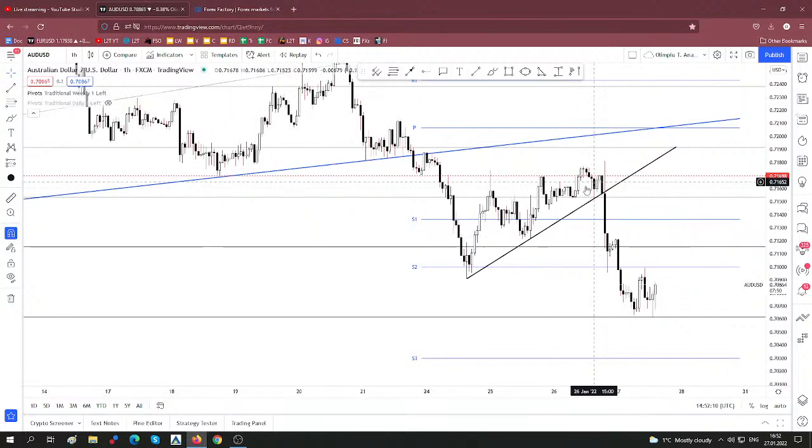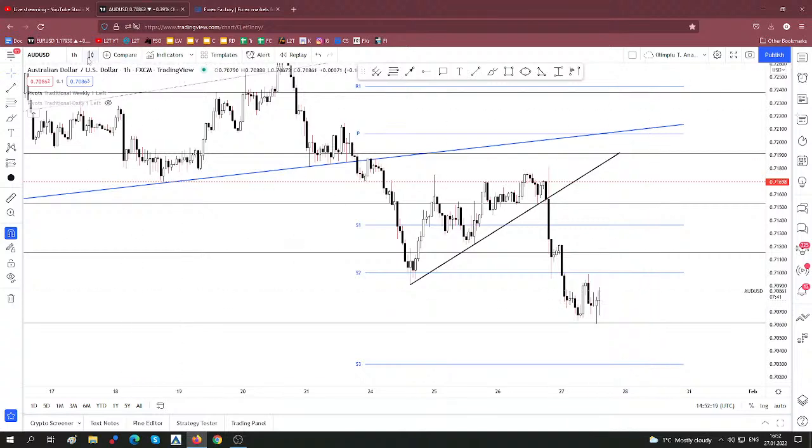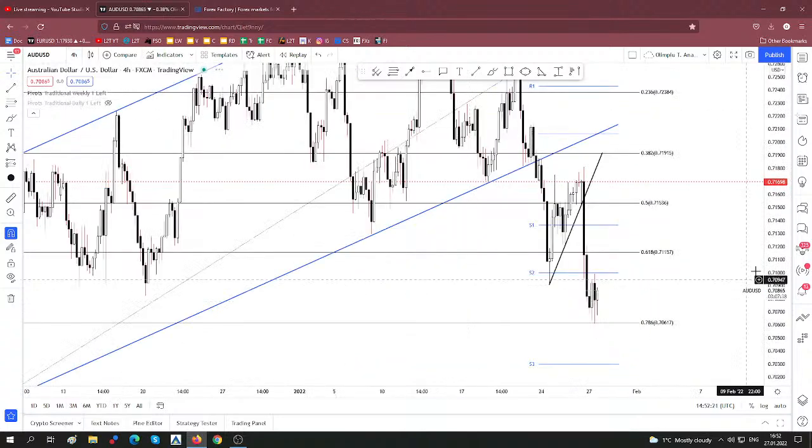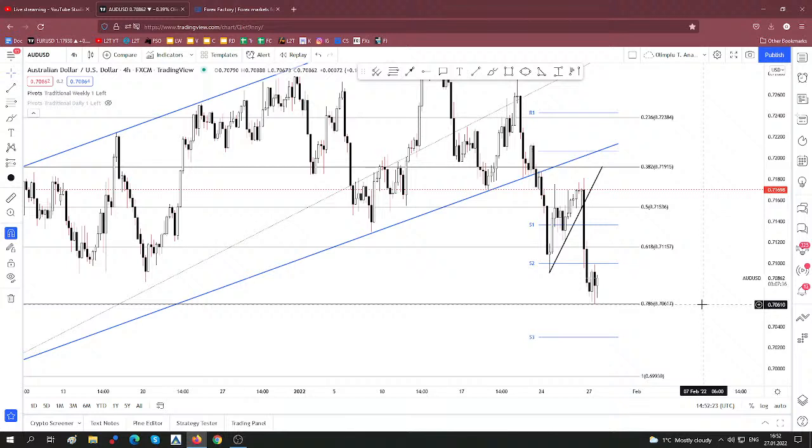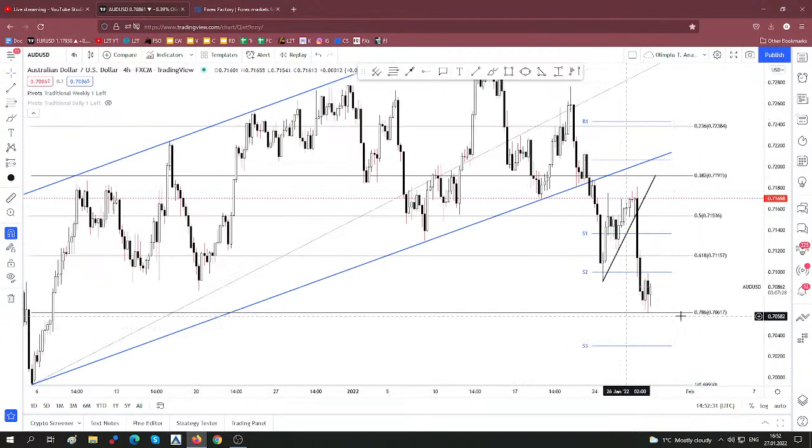This temporary rebound, bounce back, represented a great opportunity to go short again. And right now, in the short term, it has found support here on the 78.6. You can see that the price reached the 78.6.